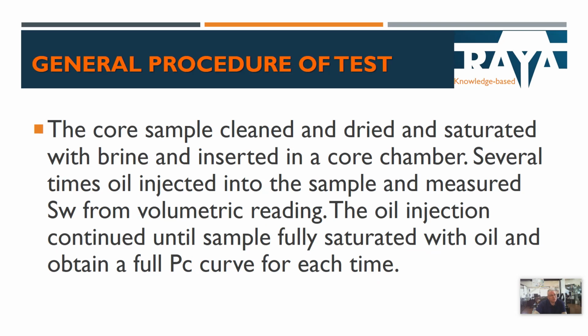The procedure generally for measuring the PC in the laboratory is that the core sample is cleaned, dried, saturated with brine and inserted in a core chamber. Oil is injected several times into the sample and we measure Sw from volumetric readings.